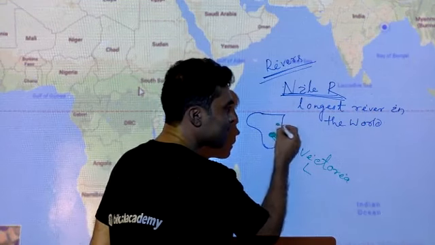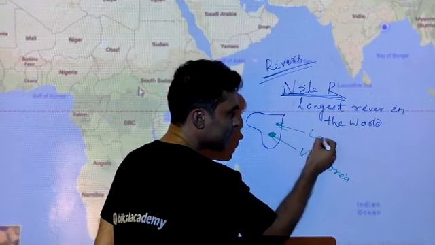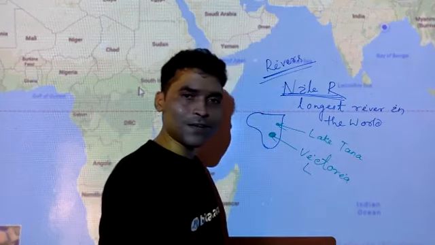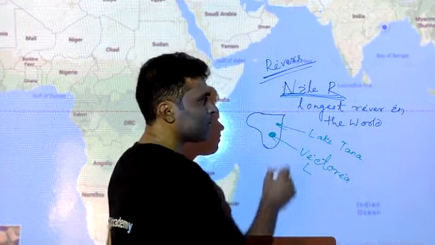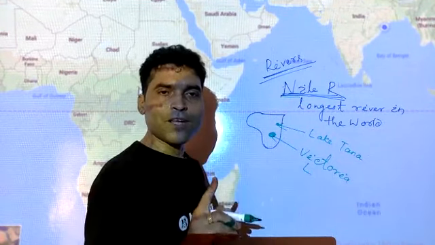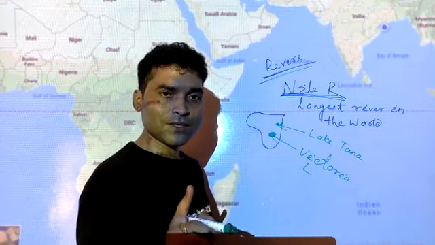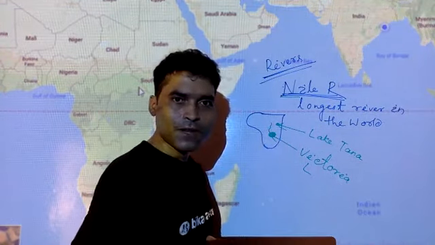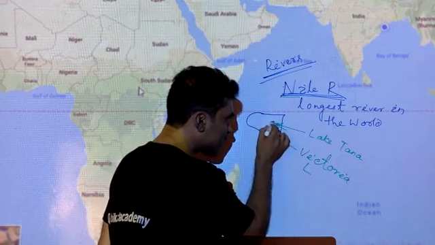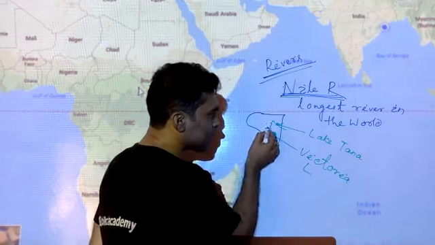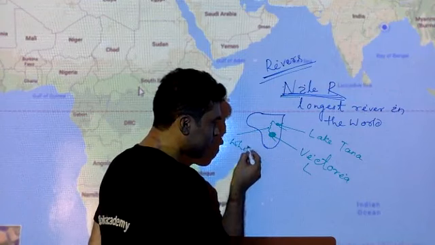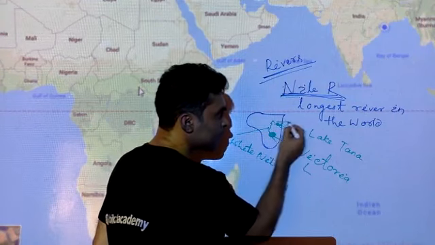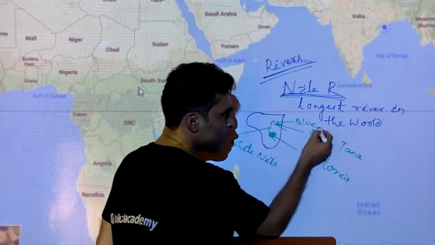And here is one lake called Lake Tana. This Nile River comprises two parts. One part is coming like this, another part is coming like this. This one is known as the White Nile, and this one is known as the Blue Nile.